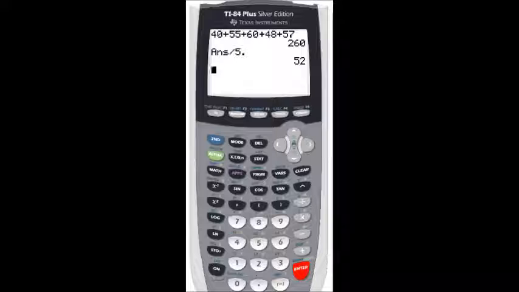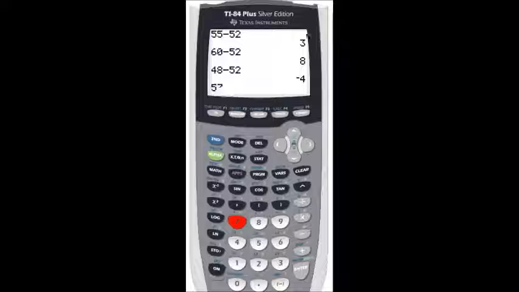Okay, so the first one we had 40 minus 52. Notice that gives me a negative 12, but because we put it in those absolute value brackets, we're just going to take the positive answer. So it's going to be positive 12. And then we have 55 minus 52. And we have 60 minus 52. And then we have 48 minus 52.